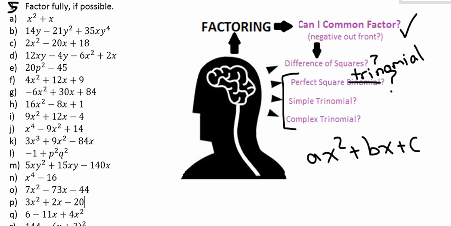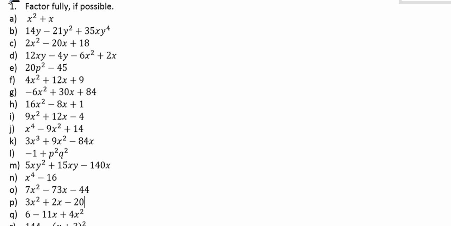So let's go ahead and look at the first question. Again, it's question 5, and 5a says, factor fully this expression. So again, always start by looking for common factors. I don't want to spend too much time breaking everything down, but remember, this says x times x plus x.